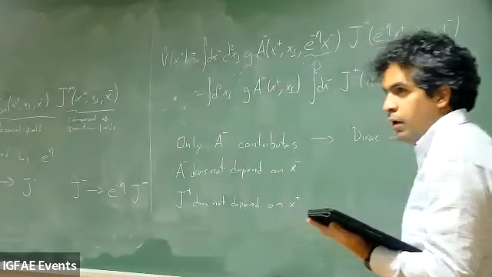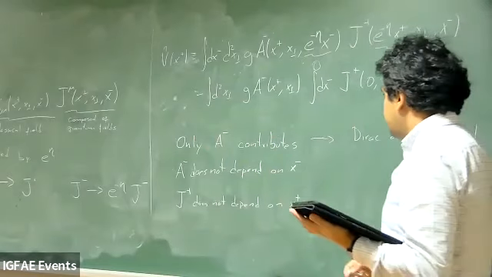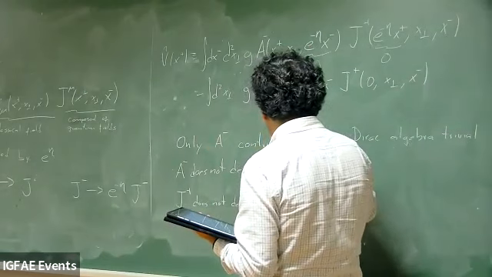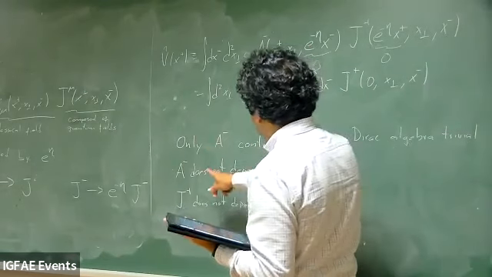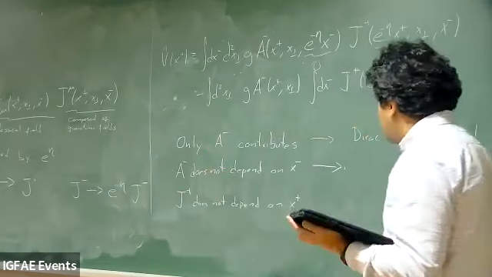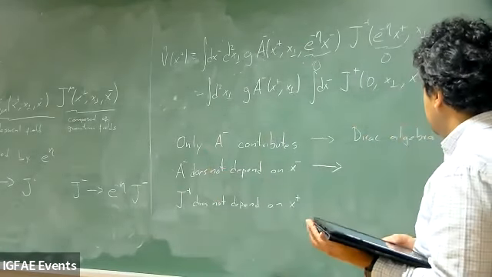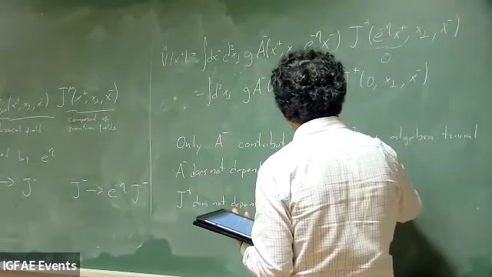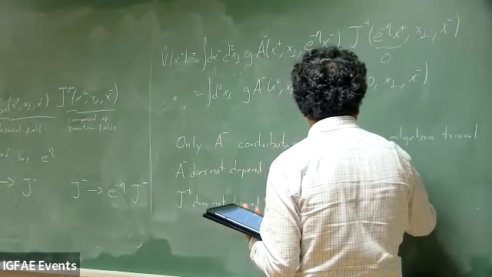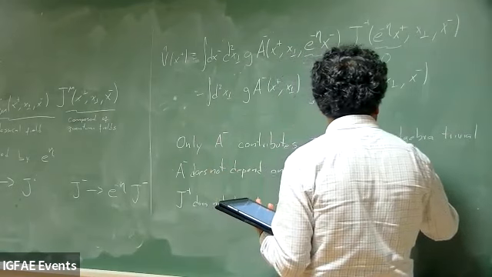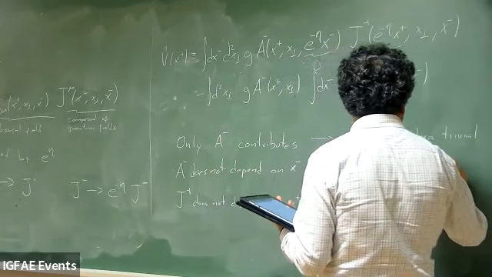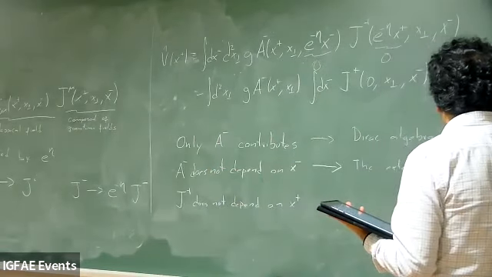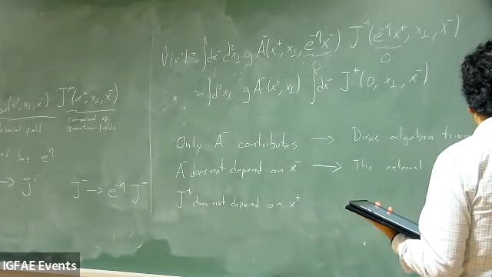I will elaborate on that a little bit. Now, the fact that A minus doesn't depend on x minus tells you that the external field does not change the plus component of the quark.